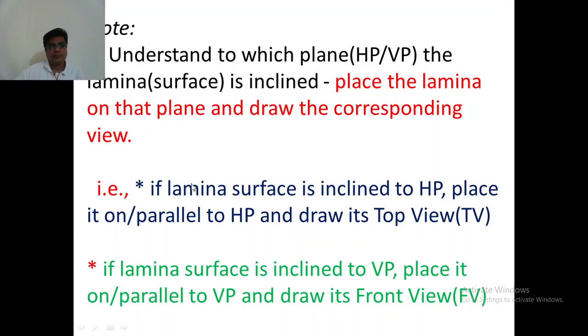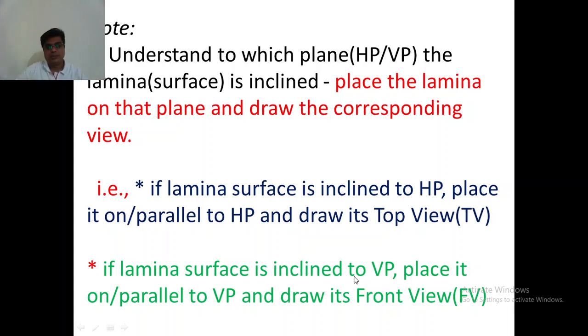If the lamina surface is inclined to HP, keep the plane parallel to HP, so that you can see the full-scale plane in the top view, and first draw the top view.